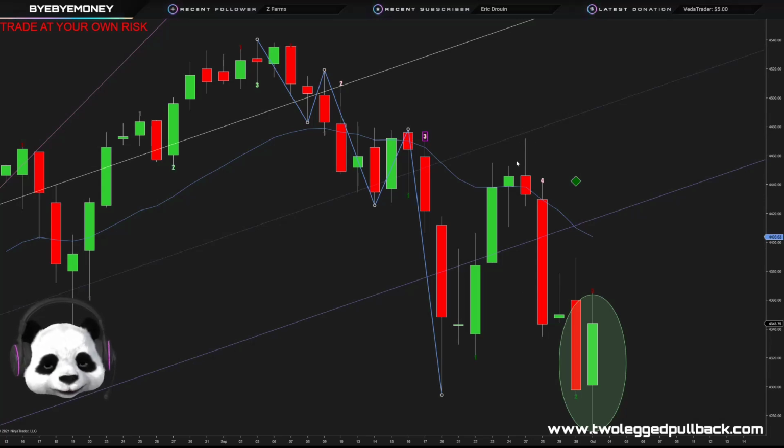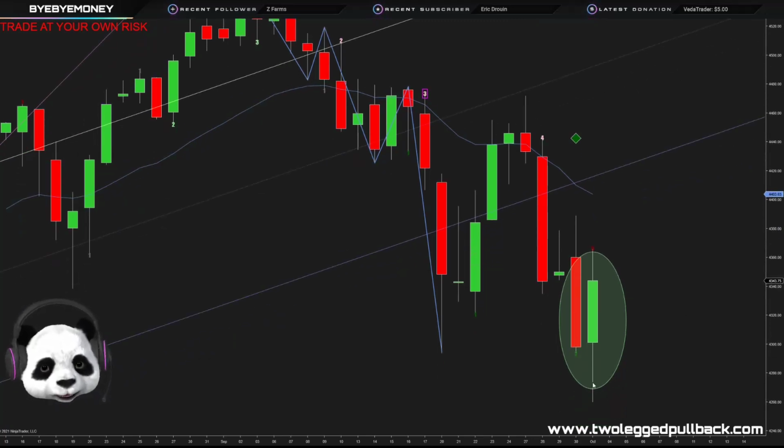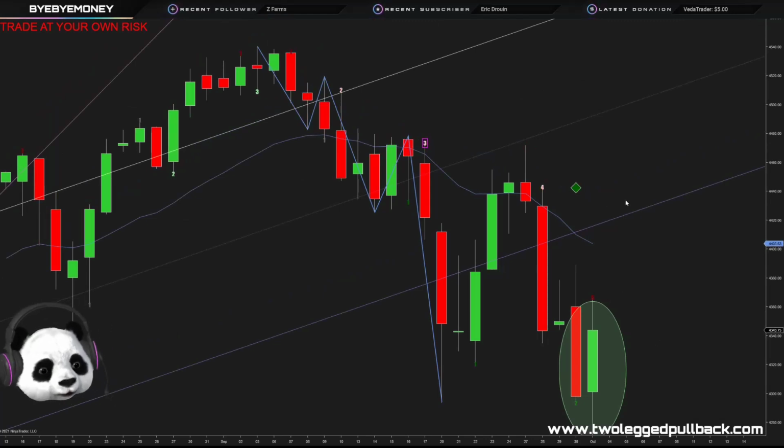We see that this is a pivot high because this is the high before we break the pivot low, which is here. And so we consider this a pivot high, making lower highs. And again, look at lower lows. Confirmed resistance off the 20 EMA, also confirming the reversal pattern here.